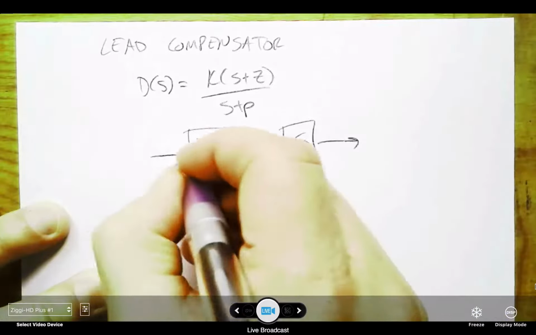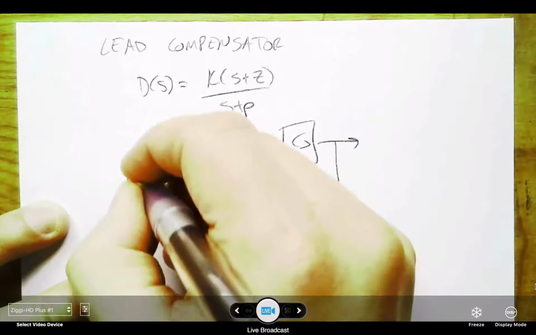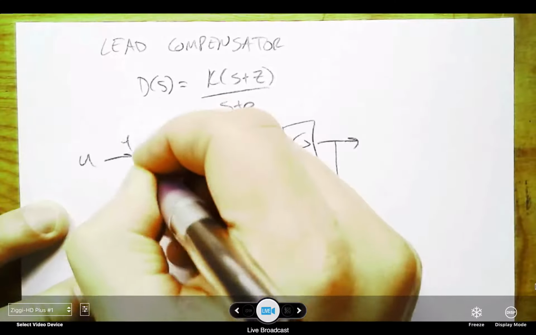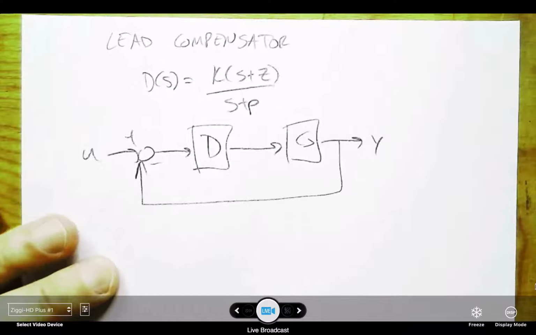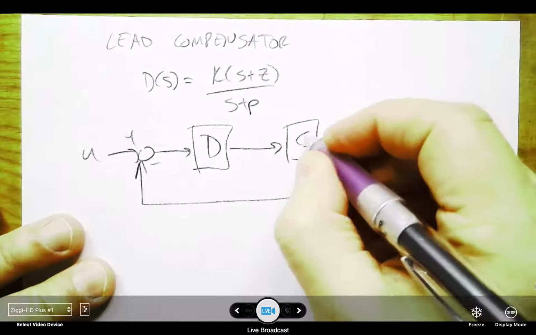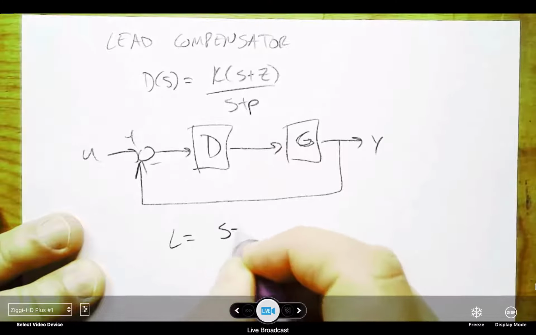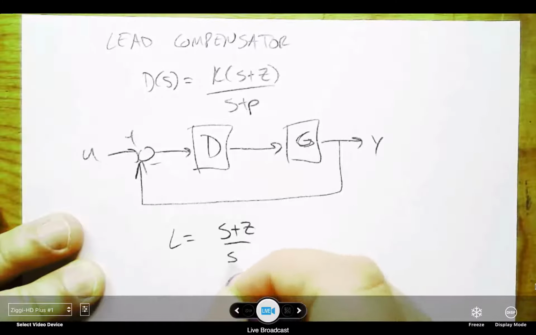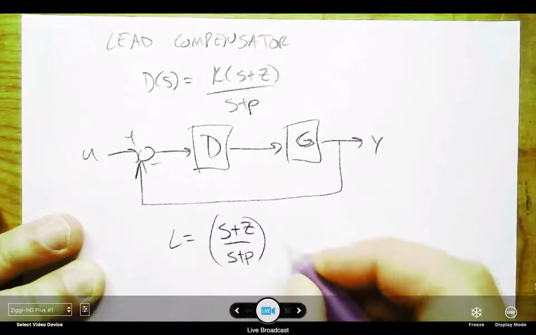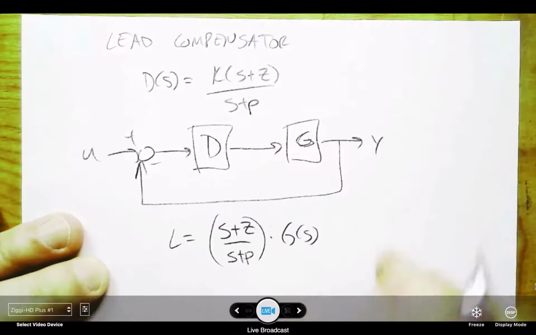Slightly sloppily as a result of my quickness. But assuming this format, if I need to then factor out my gain, hopefully it's fairly obvious that L would now become that times G of S.